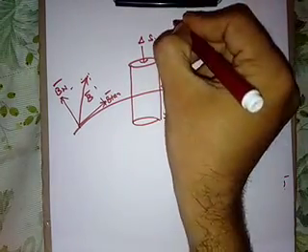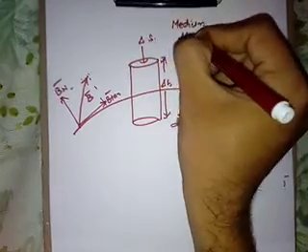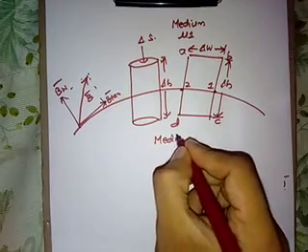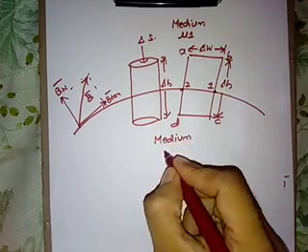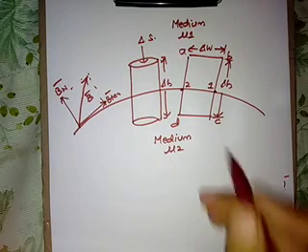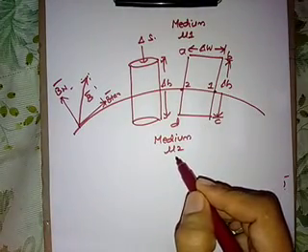The upper one is in medium 1, which has a permeability of mu1. The lower portion is in medium 2, which has a permeability of mu2. So in medium 1 the permeability is mu1, in medium 2 the permeability is mu2.